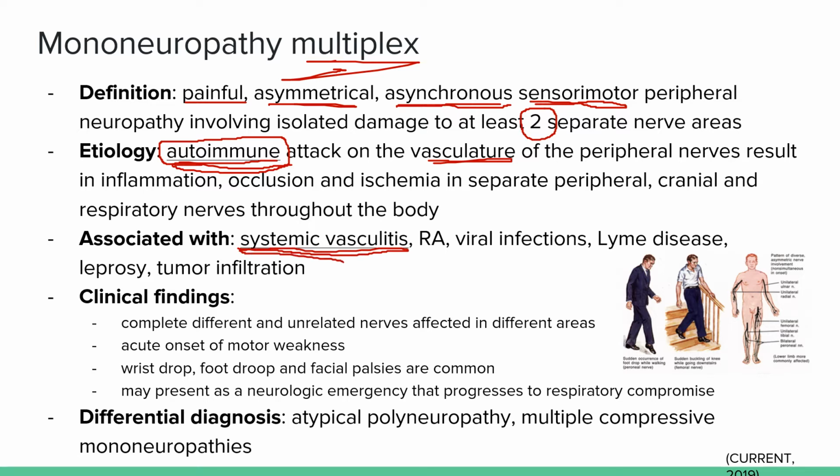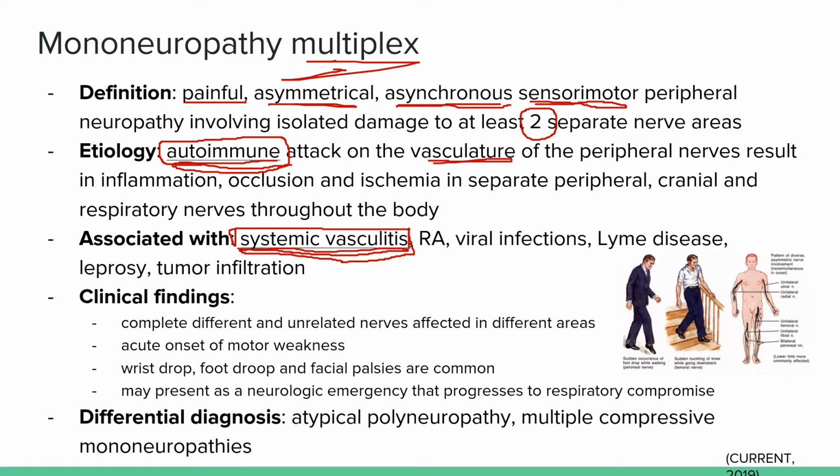We can see other symptoms in other organs related to vasculitis. Also it is associated with viral infections, Lyme disease, leprosy, and tumor infiltration. Some of the clinical findings are completely different and unrelated nerves affected in different areas.